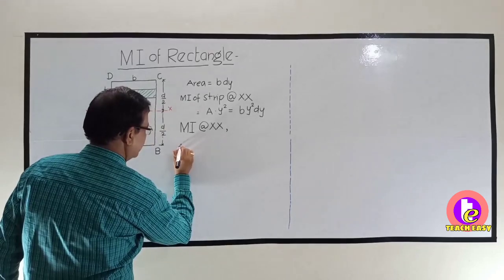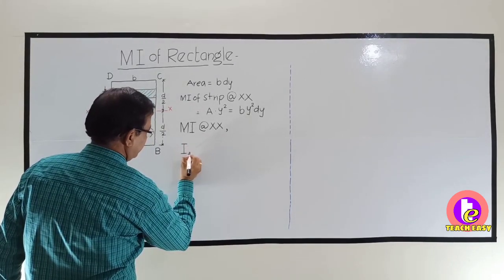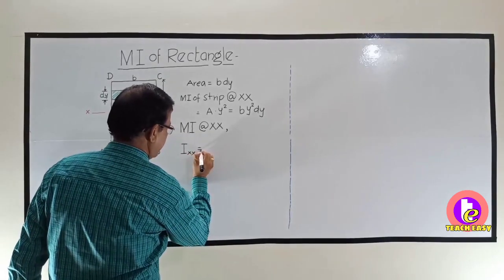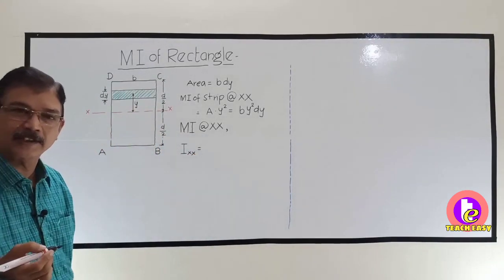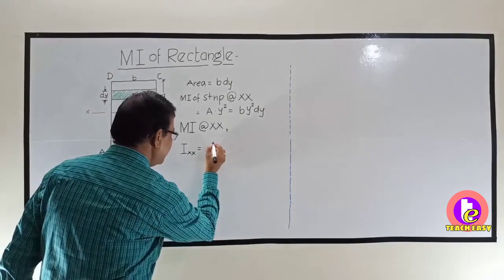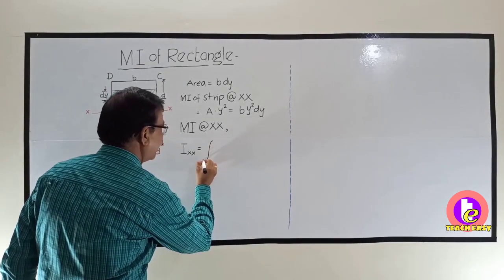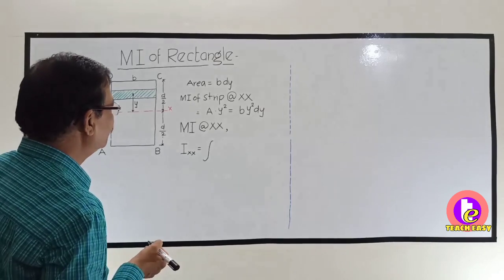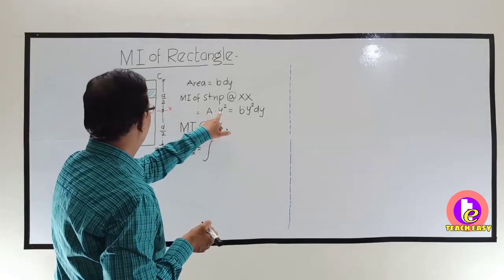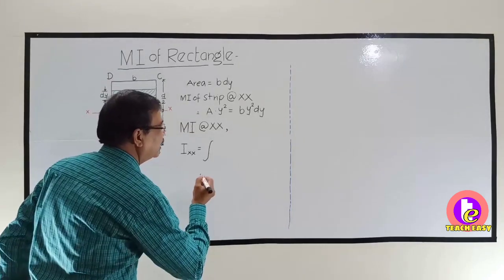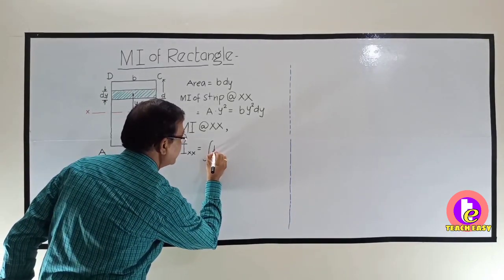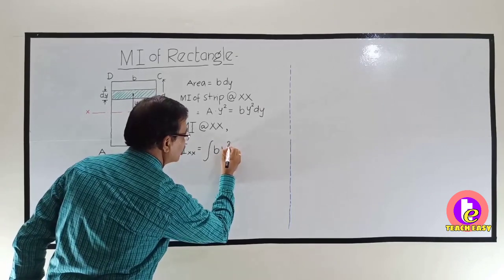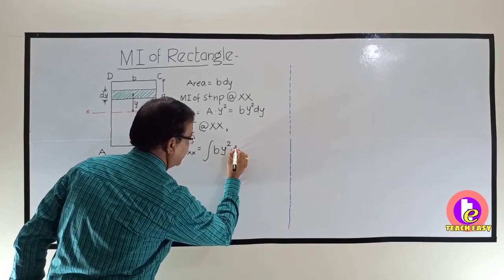What is that? Ix is equal to integration of this area into y square, so it will be b into y square dy.